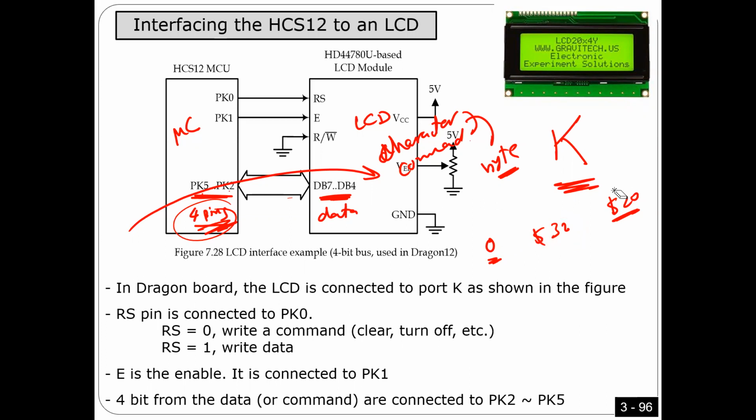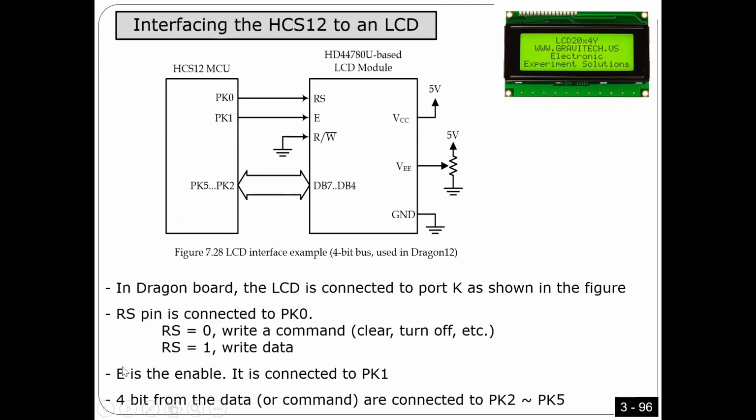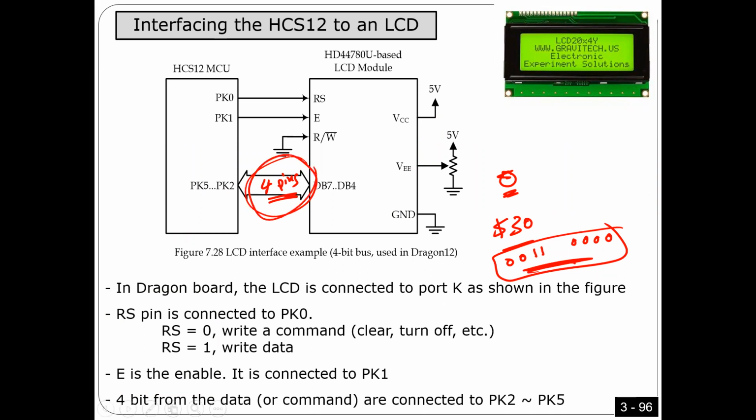For example, here we have 4 pins. I want to display number 0, so I have to send 30, which is the ASCII of 0, right? So 30 is actually 0 0 1 1 0 0 0 0. These are 8 bits, and all I have here is 4 pins.